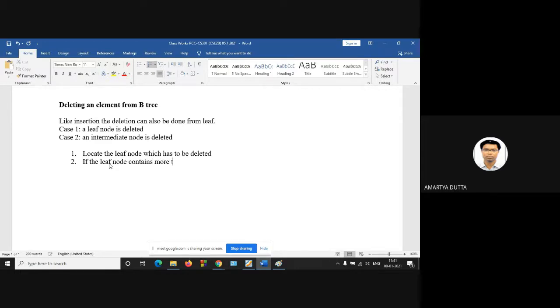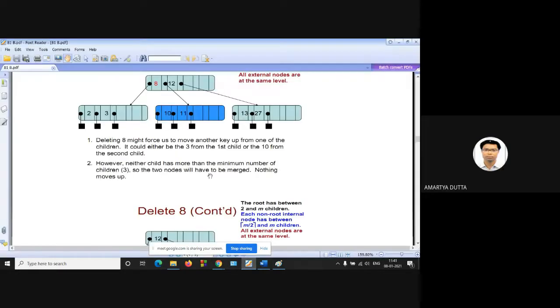What is the minimum number of key values? 1.